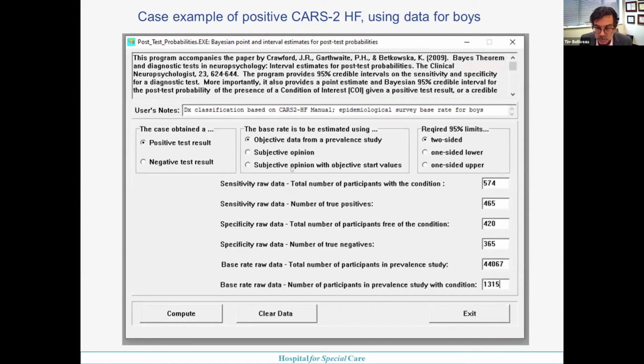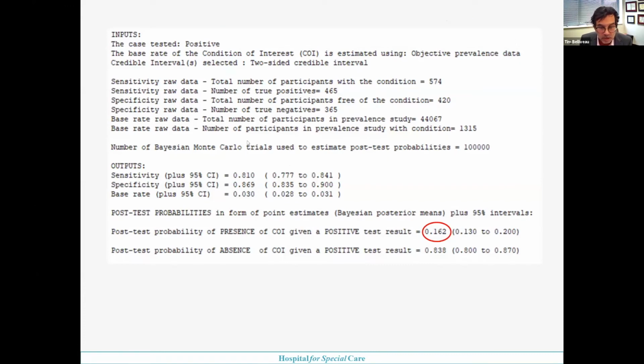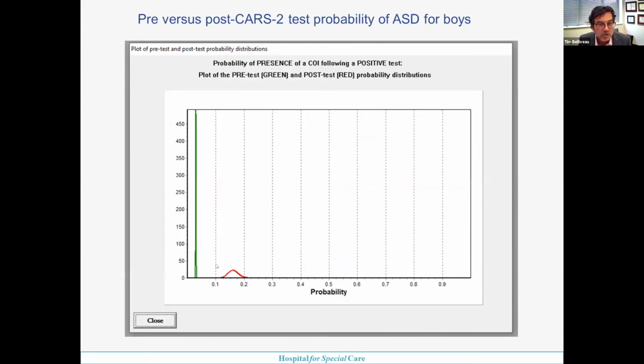We do the same thing, putting in the information to derive the interval estimates for post-test probabilities using Crawford's application. And we see, in this case, for this particular test, using the community-based prevalence data, the post-test probability is 0.162. So we've shifted from a very low base rate of the condition of interest to somewhat more given a positive test result. And this is for autism among boys.